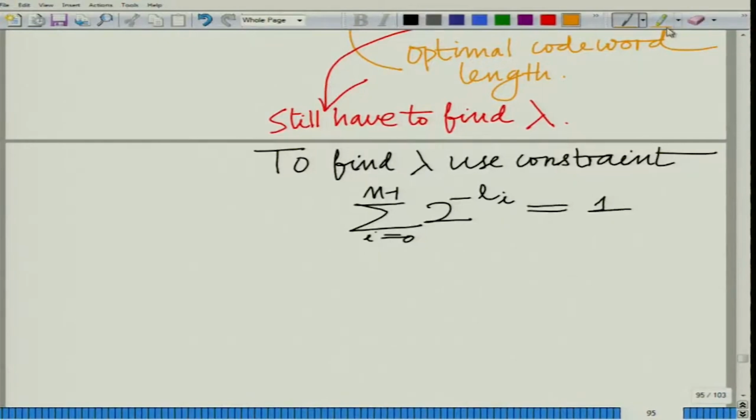Remember, this is the Kraft inequality, a constraint which is satisfied with equality if we have a positive Lagrange multiplier.